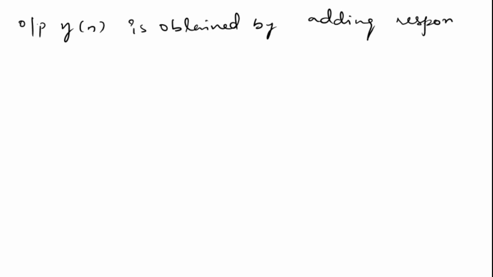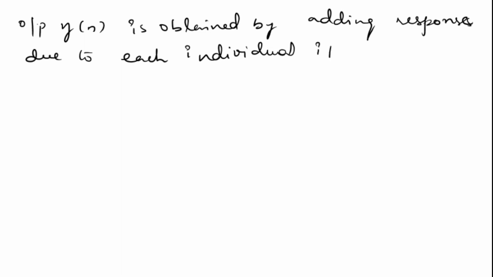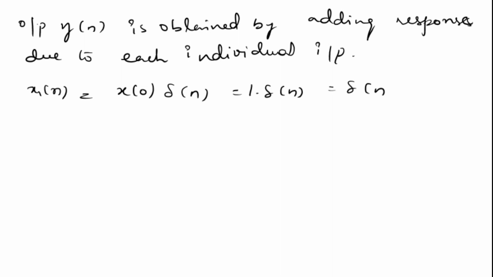Output y of n is obtained by adding responses due to each individual input. That is, x1 of n is equal to x of 0 into delta of n, which is equal to 1 into delta of n, which is equal to delta of n. Then x1 of n we can draw.